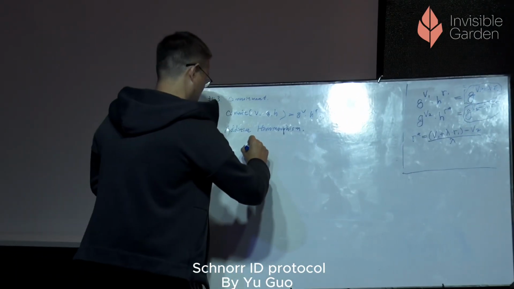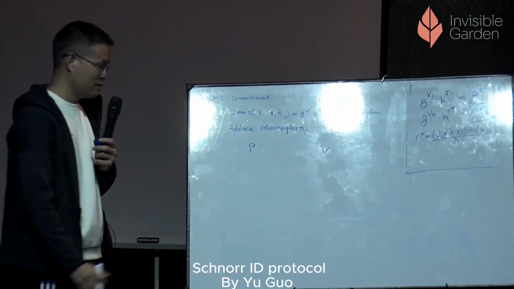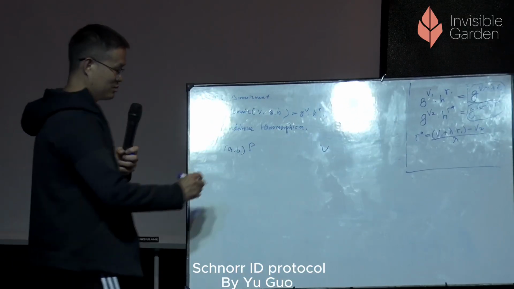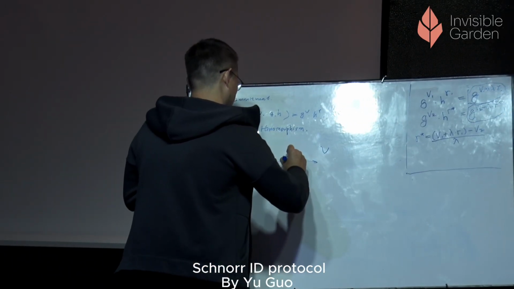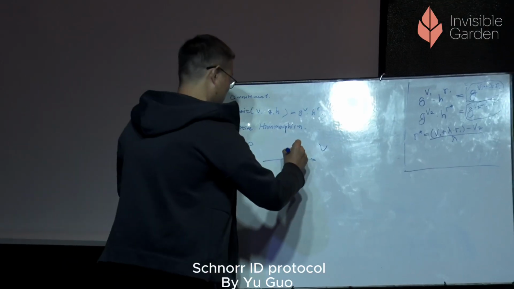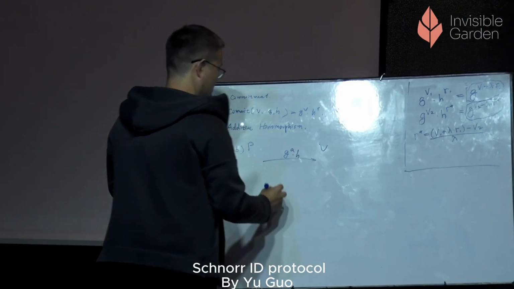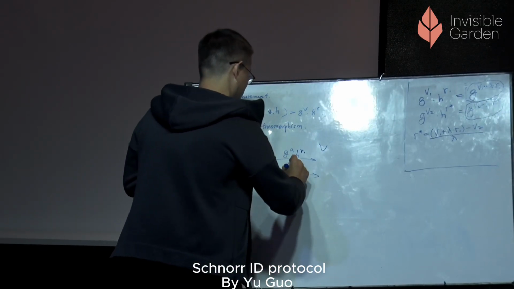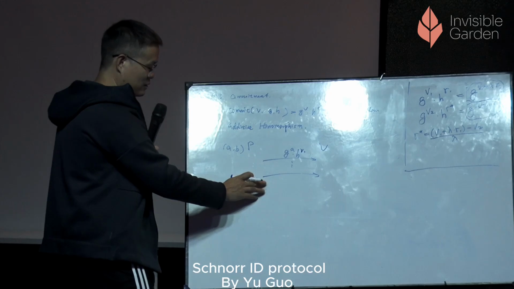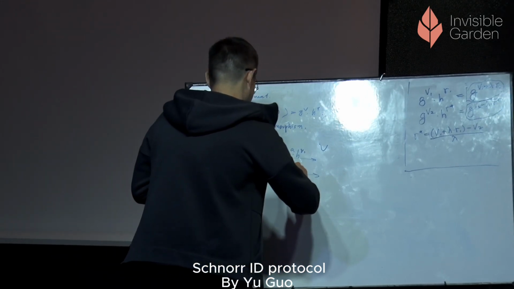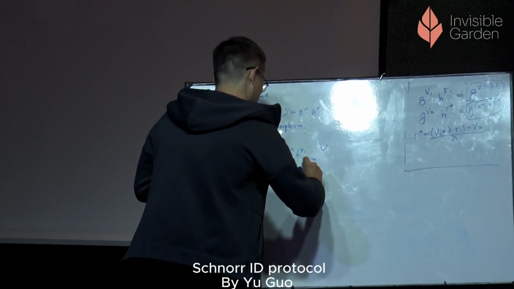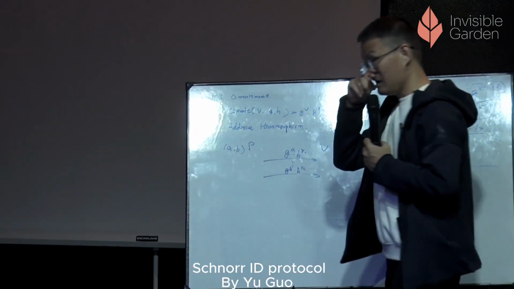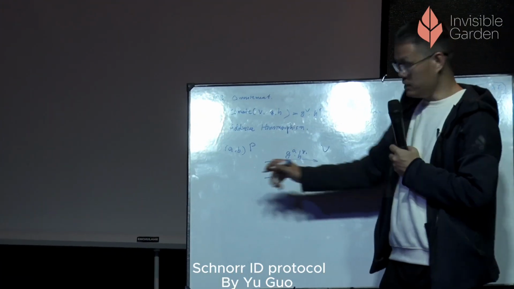So if we have two parties, a prover and a verifier, the prover has two secret values, A and B. In the first step, the prover sends G^A H^R1, and in the following step, the prover sends G^B H^R2 to the verifier. Then the verifier can get the commitment of A plus B very easily.